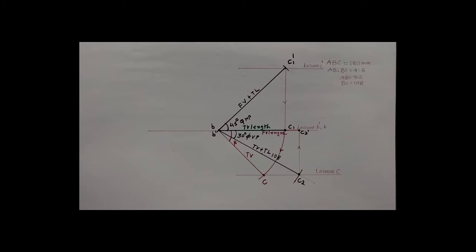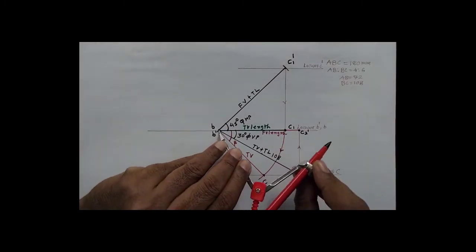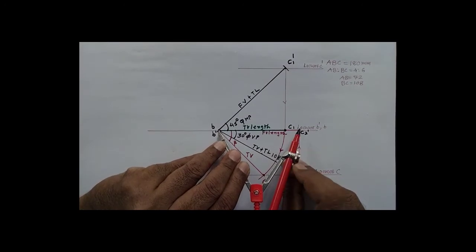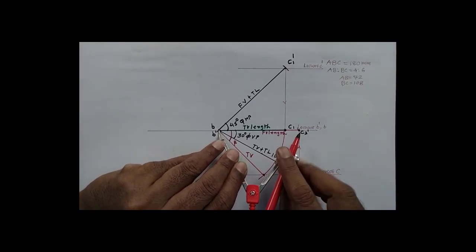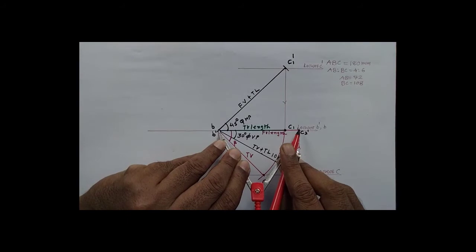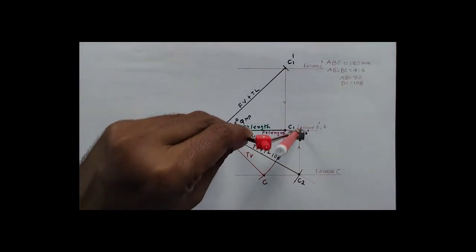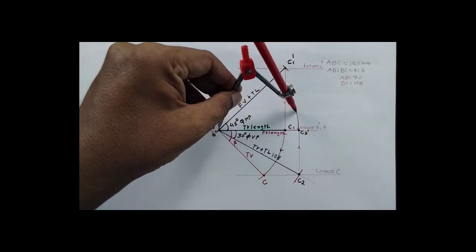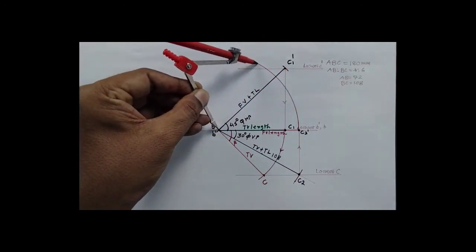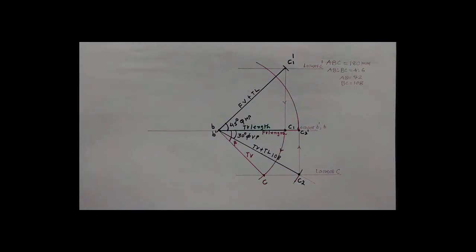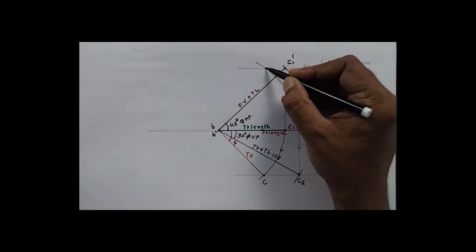Similarly, you can apply it on the front view length. I take the B dash C2 dash radius and rotate toward the locus of C dash, and this is your C dash point.